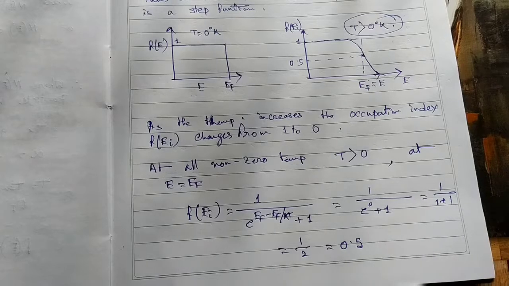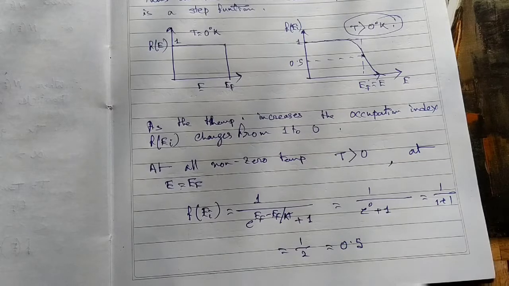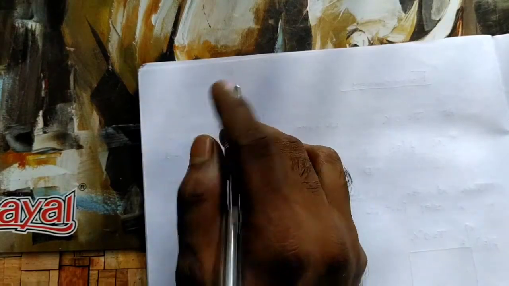That means at any non-zero temperature, when the arbitrary energy is equal to the Fermi energy, the probability of occupancy of the particles is 50%.